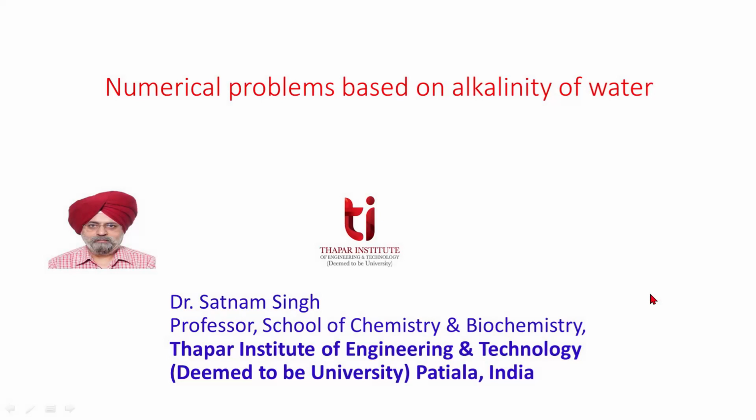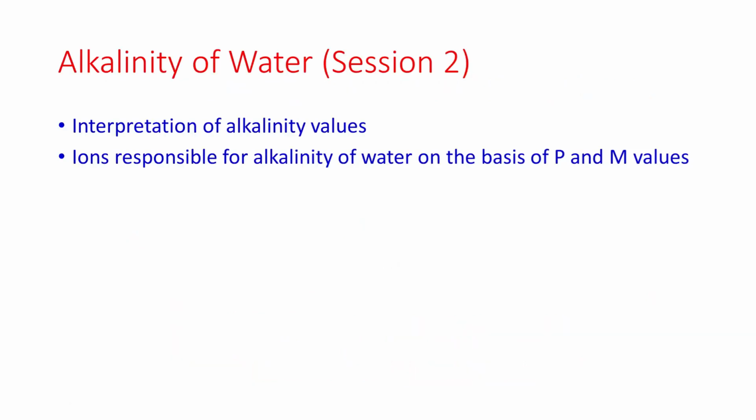In this session, we will discuss numerical problems based on alkalinity of water. In session 2, alkalinity of water, we have discussed interpretation of alkalinity values, and the ions responsible for alkalinity of water on the basis of P and M values.